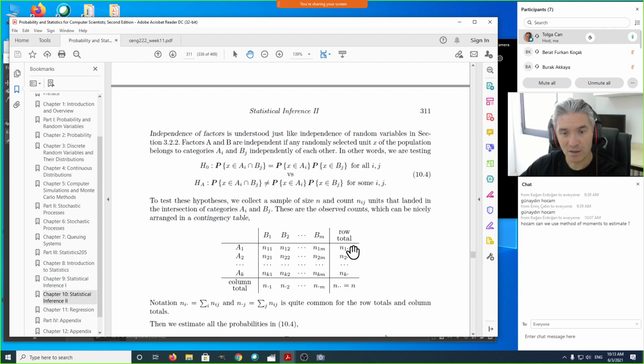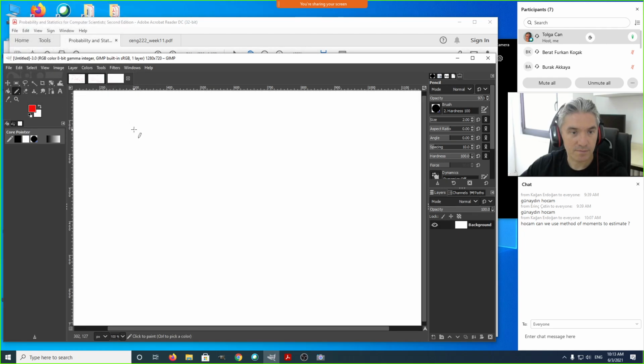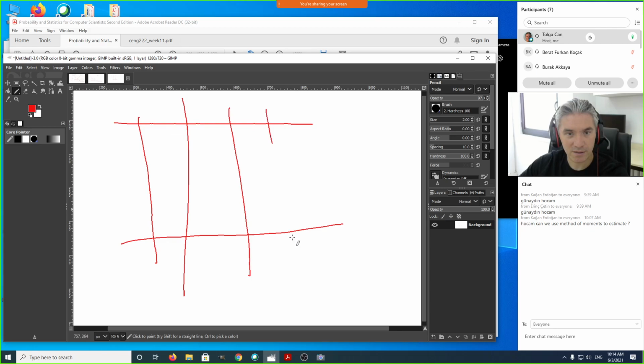So, if we assume independence, the expected count here will be equal to, so let me write it here. It's actually very, very simple.